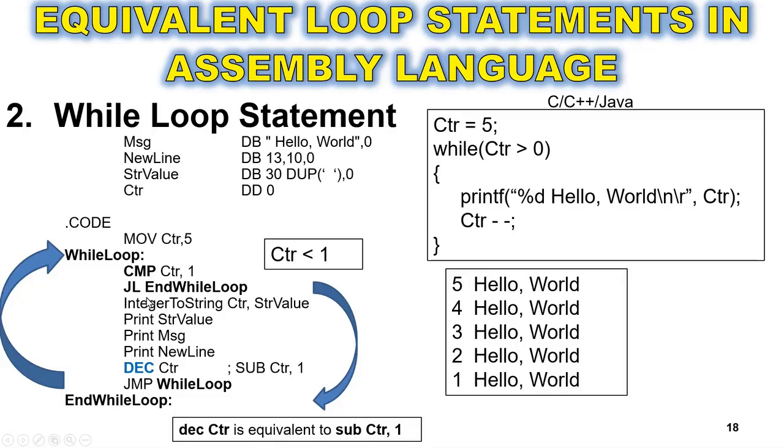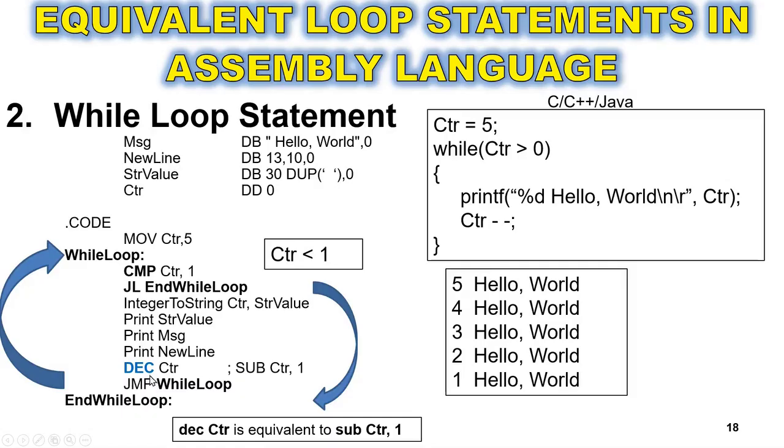It will not yet jump to the label end while loop. So it is going to perform the rest of the body of the loop. It will convert the integer to string, and then it will print the value of 5, and then it will print the hello world, and then it will move the blinking cursor to the next line.